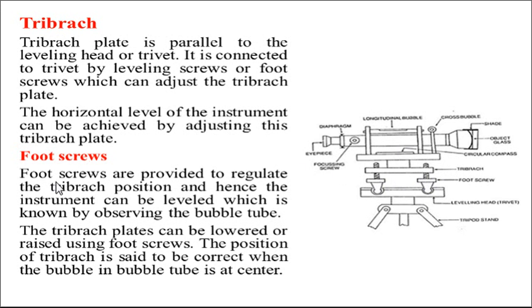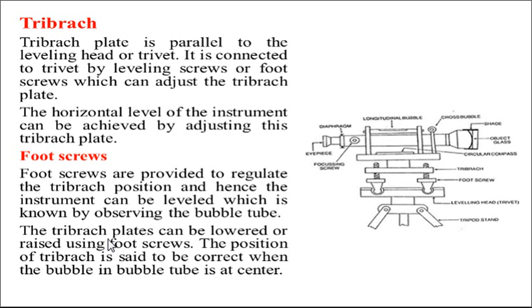Then foot screw. Foot screws are provided to regulate the tribrach position and hence the instrument can be leveled, which is known by observing the bubble tube. The tribrach plate can be lowered or raised using these foot screws.